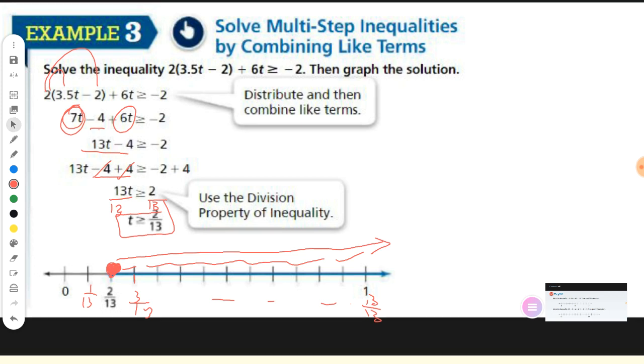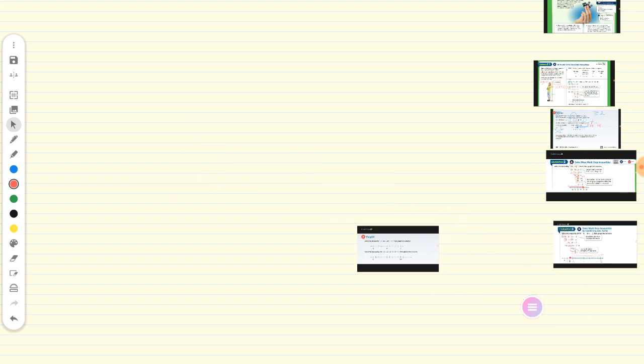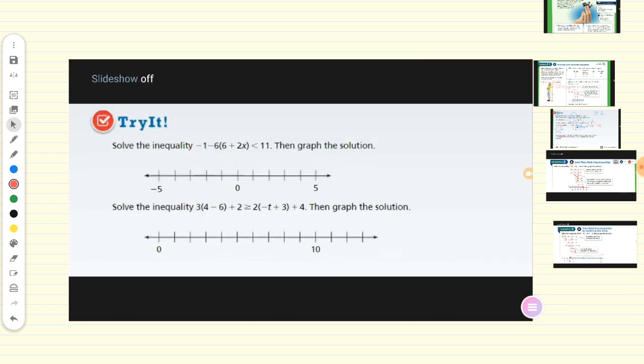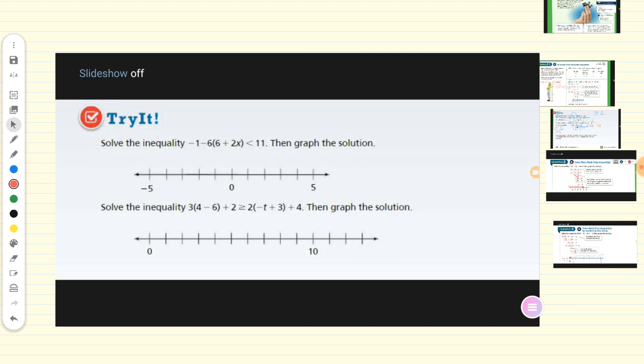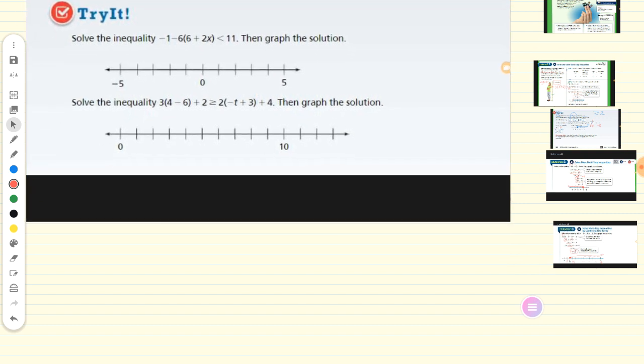Let's solve the right one together. Okay. I'll solve one and you solve one. I'll solve the first one and the second one will be for your side. Listen well. I have to finish the bracket first.